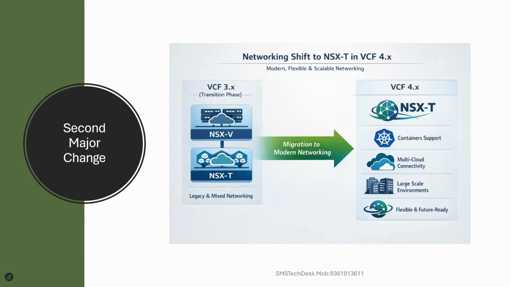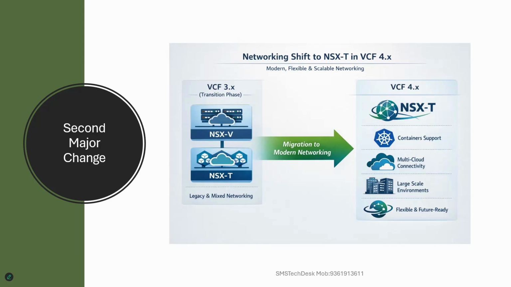The second major change is networking, because in VCF 3.x it was more like a transition phase where both NSX-V and NSX-T were present. But in VCF 4.x, VMware completely moved to NSX-T, which is designed for modern workloads, supports containers, works across multiple clouds, and handles scaled environments much better.